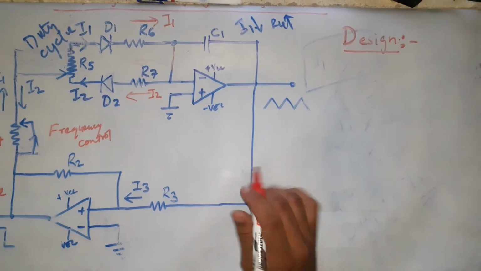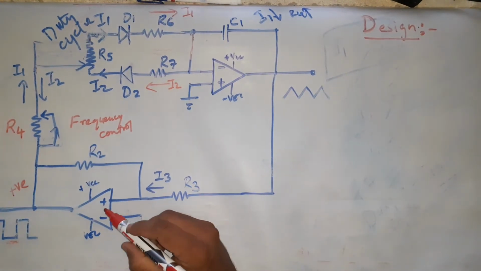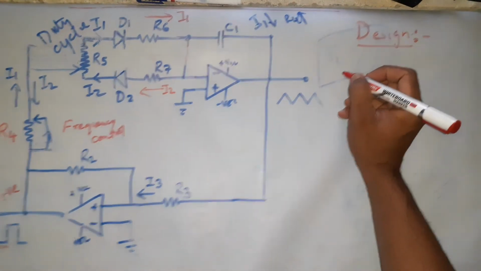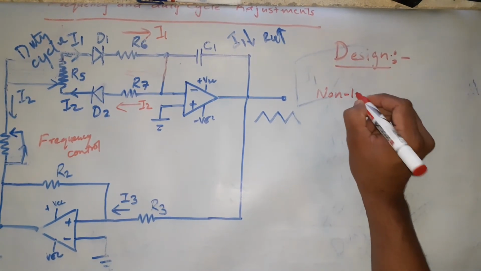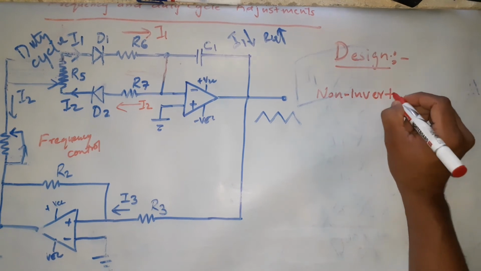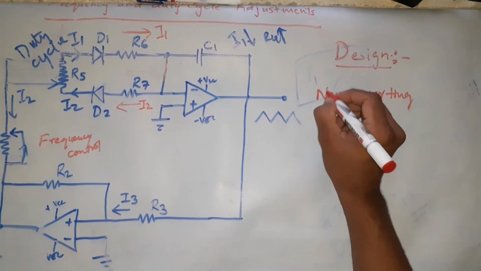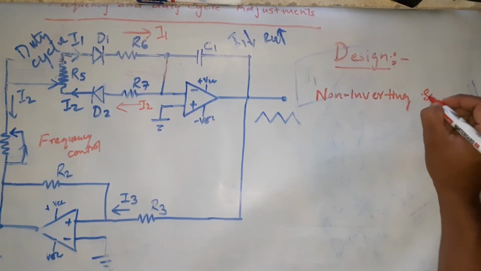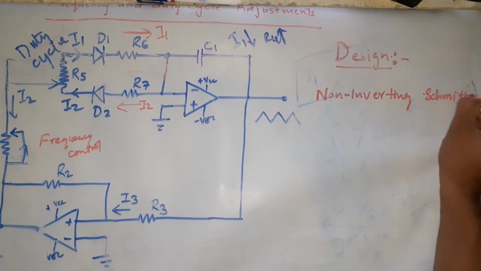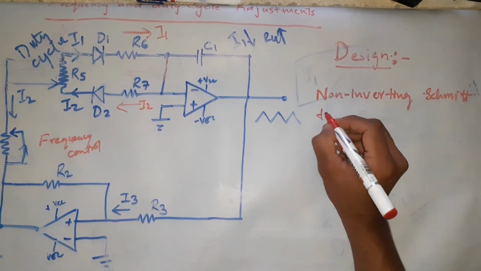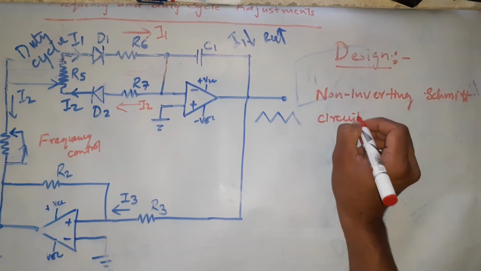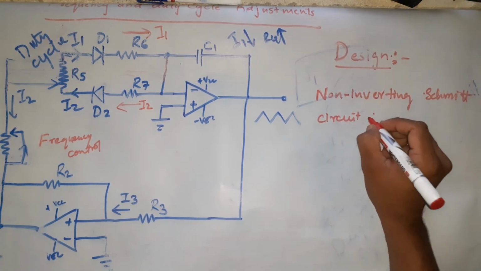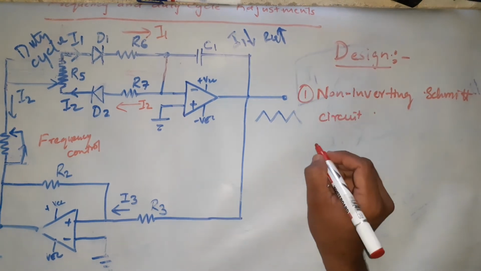Which Schmitt trigger is used here? See, the input is given to non-inverting terminal. So we have a non-inverting Schmitt trigger. We also call it a Schmitt circuit. Okay. So first design is for that.